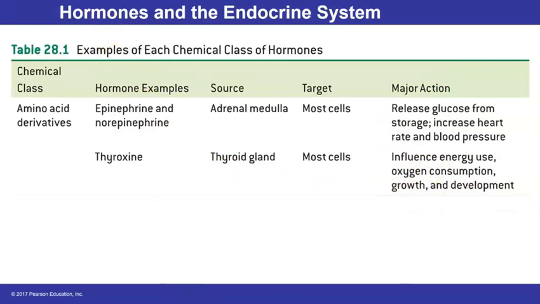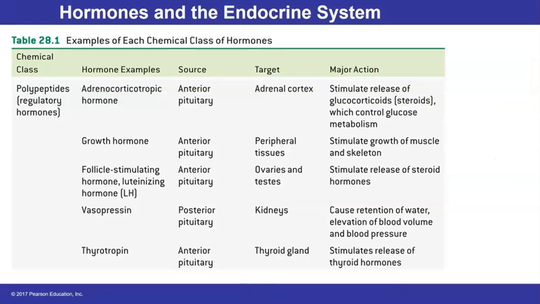For amino acid derivatives, a couple of examples are epinephrine and norepinephrine, which regulate glucose metabolism, blood pressure, and heart rate. Thyroxine is a general controller from your thyroid gland, controlling general growth and development. And finally, some polypeptide hormones.